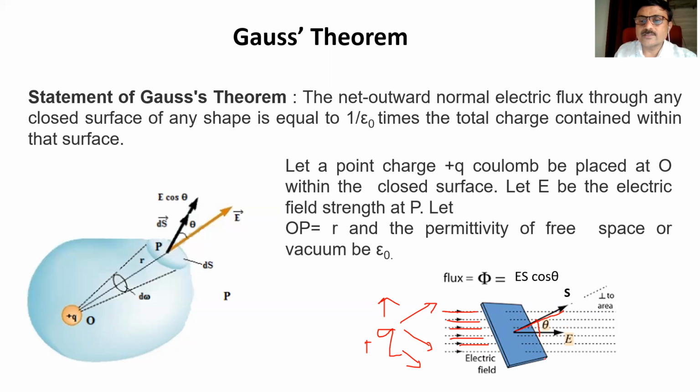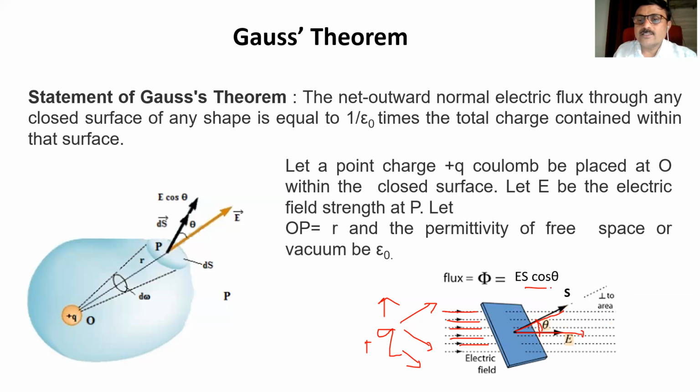Actually, it is a surface vector which is perpendicular to this surface. And these are the directions of the electric field lines, and this angle is theta. Then we have seen that the electric flux passing through this area element S is given as E into S into cos theta.